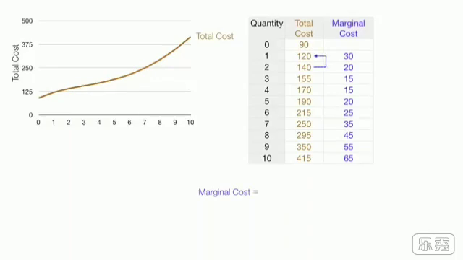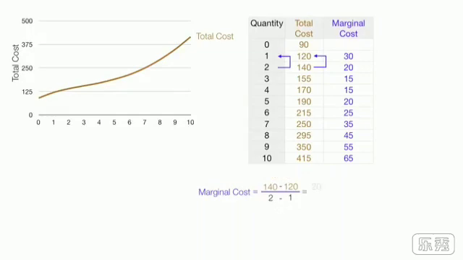So I'll take 140 minus 120 and divide that by 2 minus 1. If I take total cost, which is 140 minus 120, which is the change in total cost, divided by the change in quantity, which is 2 minus 1, is marginal cost. I am taking the change in total cost divided by the change in quantity.